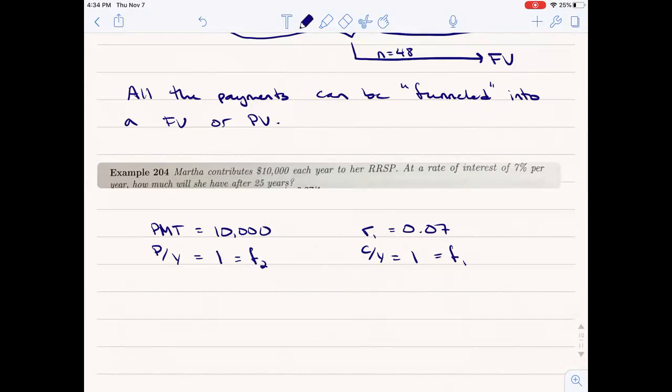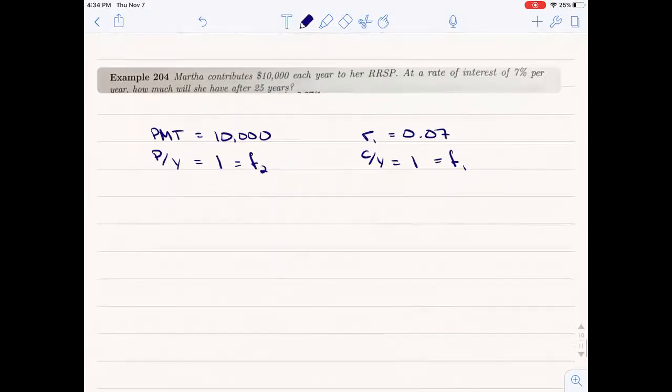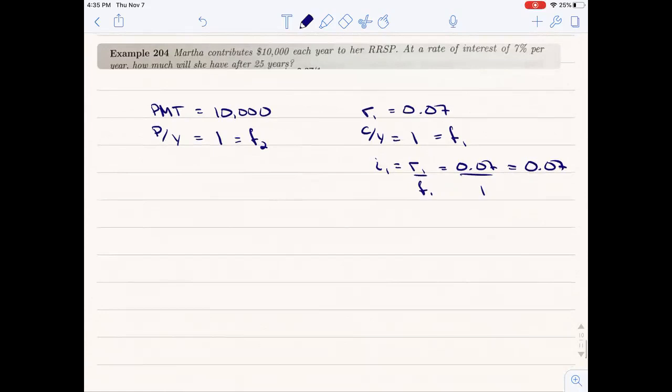So how much will she have after 25 years? First thing I'm going to do is calculate the periodic interest rate. I see that F1 equals F2, but just as a quick check, I'm going to calculate I1 as R1 over F1, which is 0.07 over 1, which is 0.07. If I calculate I2 as a checking point, it's (1 plus I1) to the power of F1 over F2, minus 1.